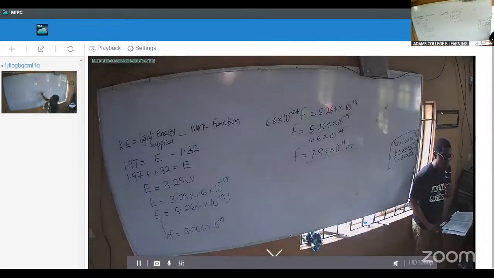Full stop. Calculate the force per unit length of the spring. Let's try it, everyone. Let me see who can try.